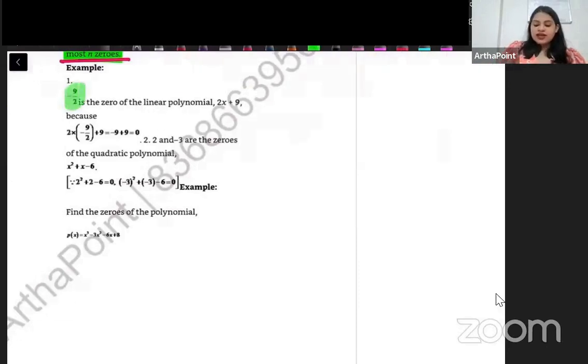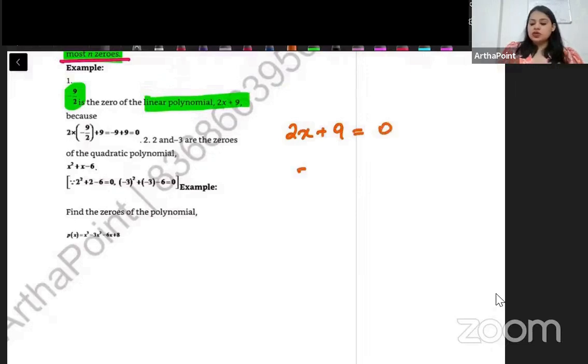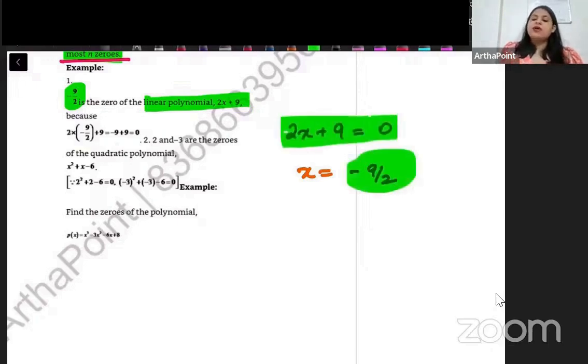It is saying minus 9 by 2 is the zero of the polynomial 2x plus 9. When I put 2x plus 9 equal to 0, I get x as minus 9 by 2, right? This means that whenever x is minus 9 by 2, 2x plus 9 will come down to 0. So the zero of the polynomial is minus 9 by 2.